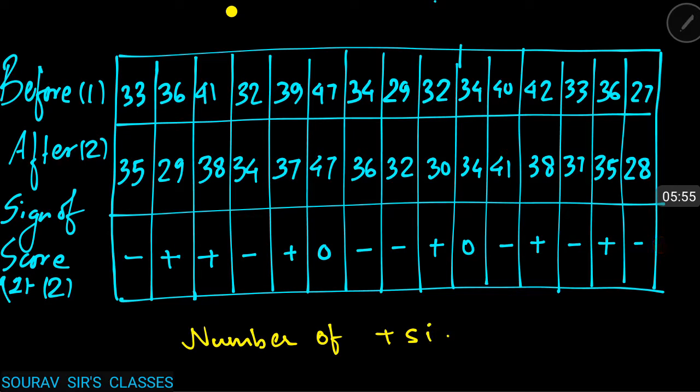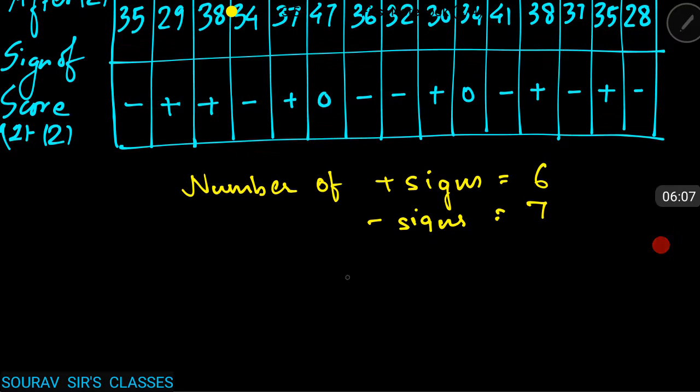Number of positive signs is equal to 6. Number of negative signs is equal to 7. Number of 0 is equal to 2.